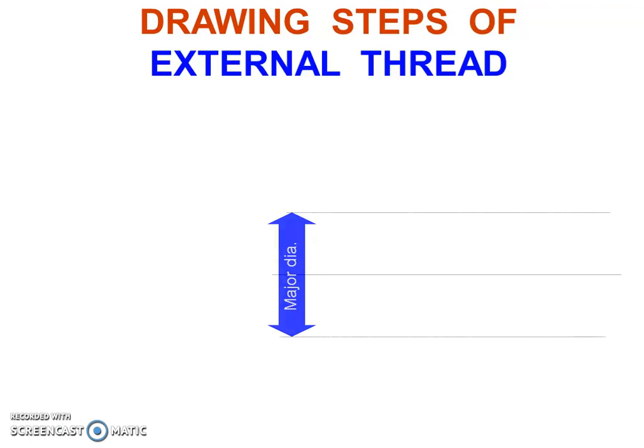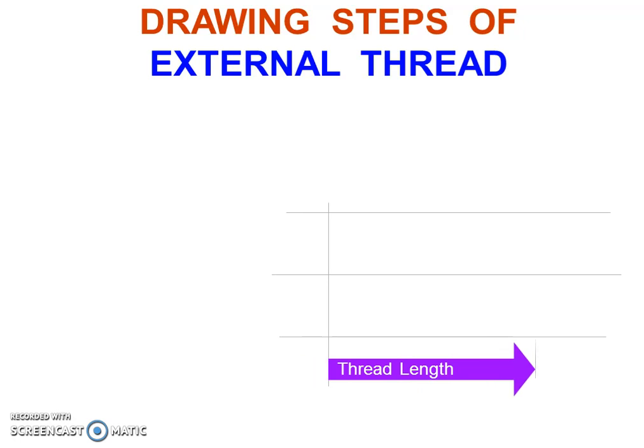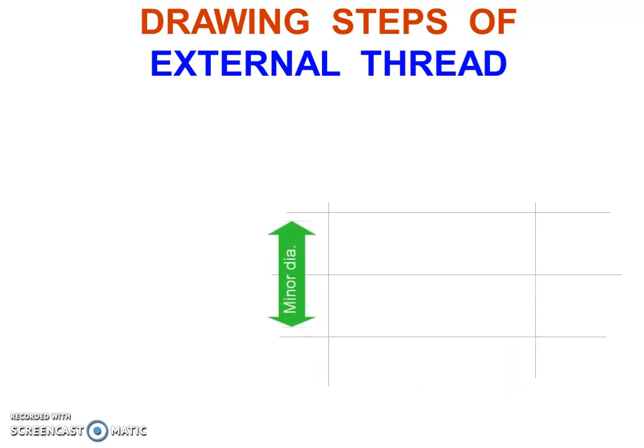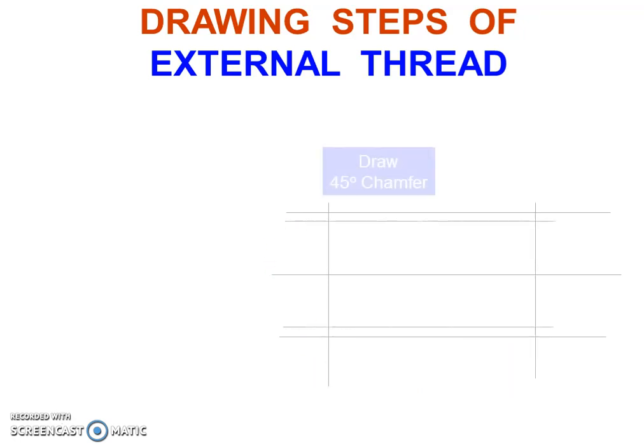We will discuss now the steps for external threading. First, we will draw a thread axis. Then we will draw the major diameter lines, then the starting position, then we place the thread length, and define the minor diameter.